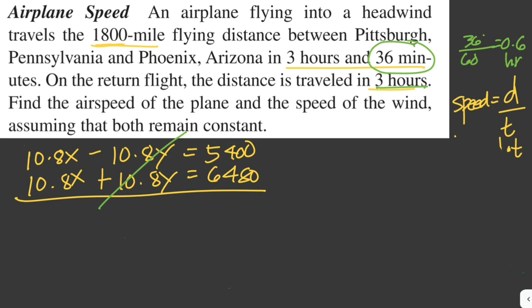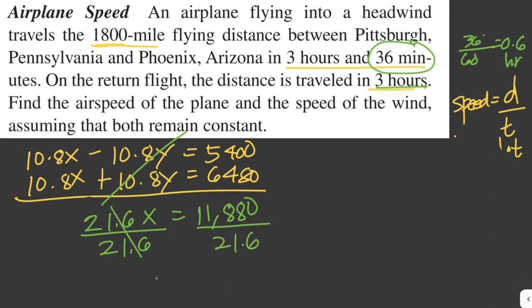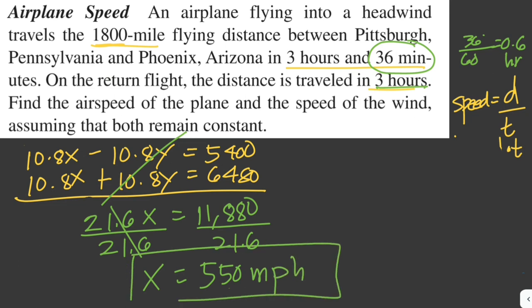That will be 10.8x plus 10.8x, so that is 21.6x equals 11,880, and then we divide both sides by 21.6. Therefore, x is just equal to 550 miles per hour. So x is the speed of the plane.